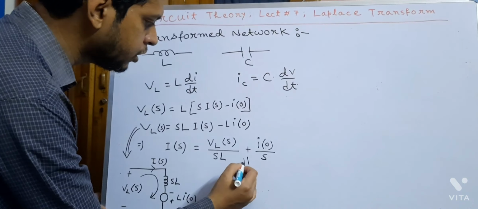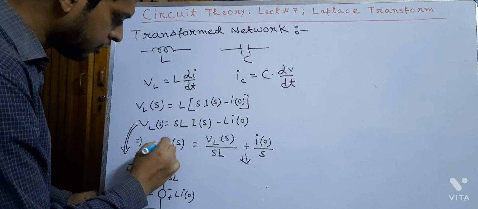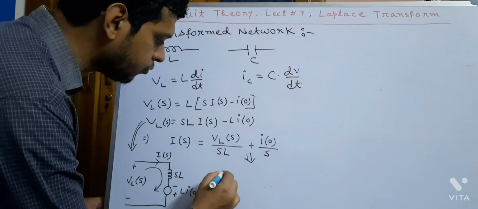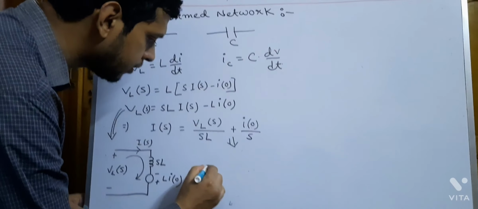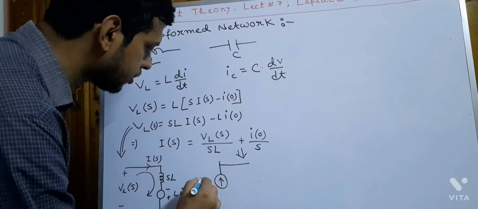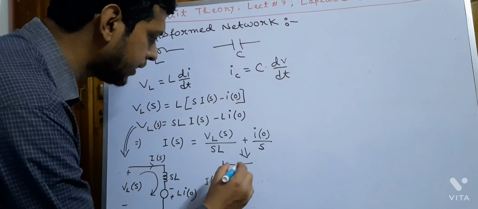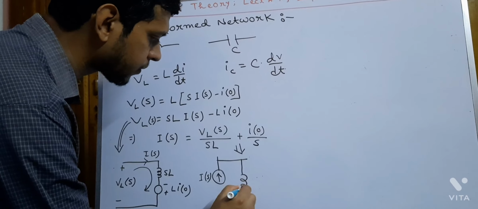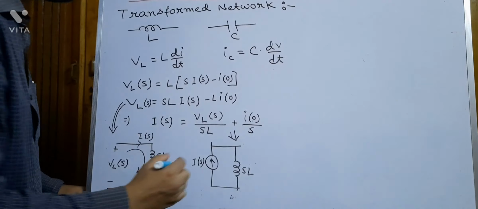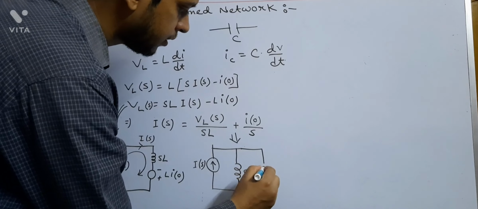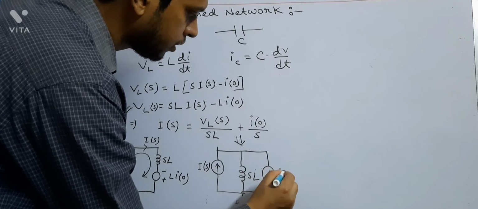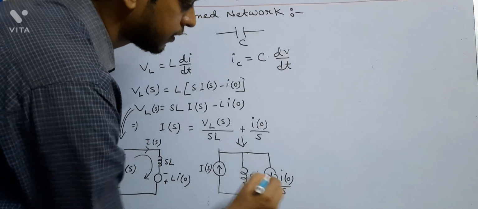And if we draw an equivalent circuit from this equation, we will get this current source equal to I(s), this is the impedance sL, and this is I0 by s.